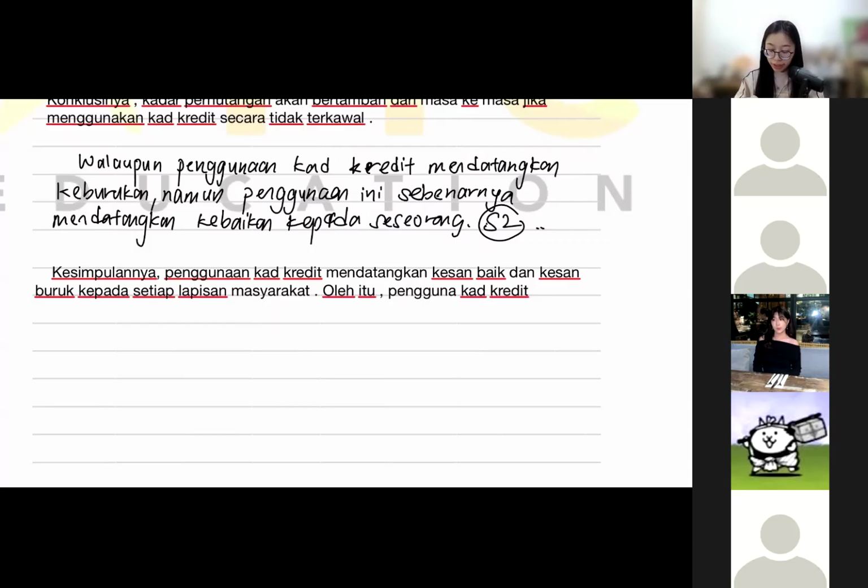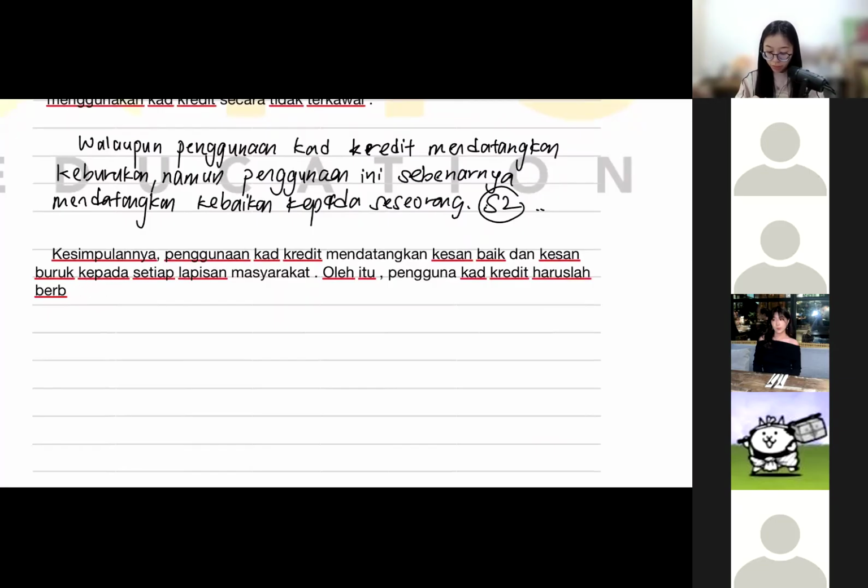So, pengguna kad kredit haruslah berbelanja, spending, berbelanja mengikuti kemampuan diri, their own ability, dan mereka juga perlu, they also need to, berbelanja secara berhemat dan rasional.